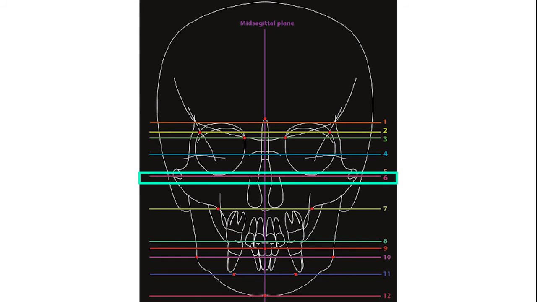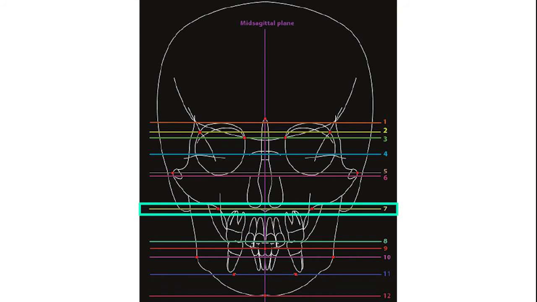It is defined as a line connecting the most inferior point on the contour of the left and right inferior orbital outlines. The next is the intermaxillary plane. It is a line connecting the left and right maxillary MX points.